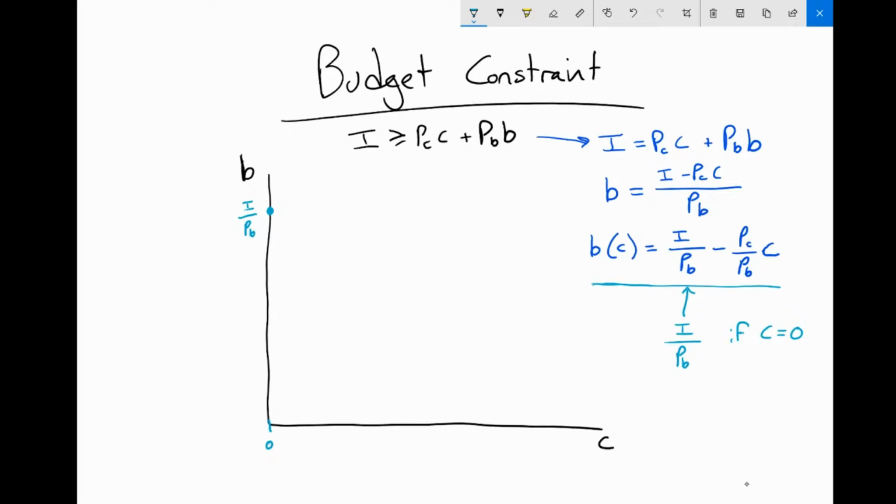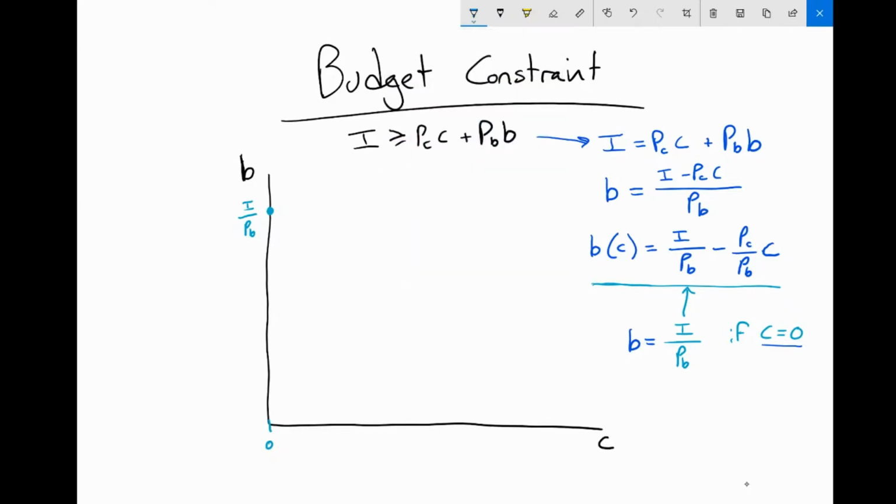Then this is the number of bagels that I'm able to consume: my income divided by the price of bagels.